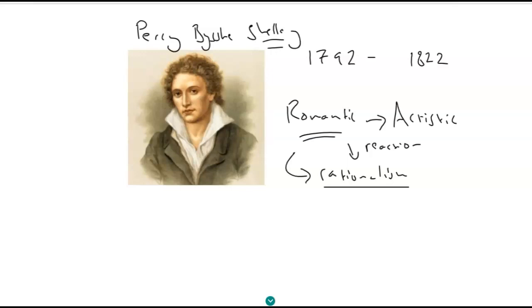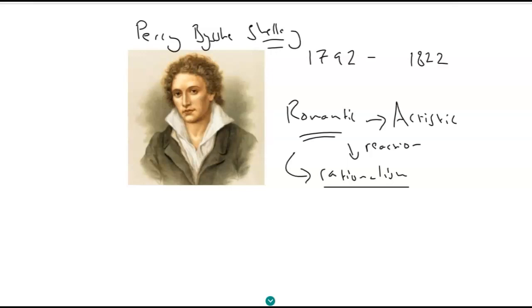So the Romantics focused in on the emotions, the subjective, the passions, the divine, the grand, the grandiose, and nature as well. So those are the key themes of Romantic works.